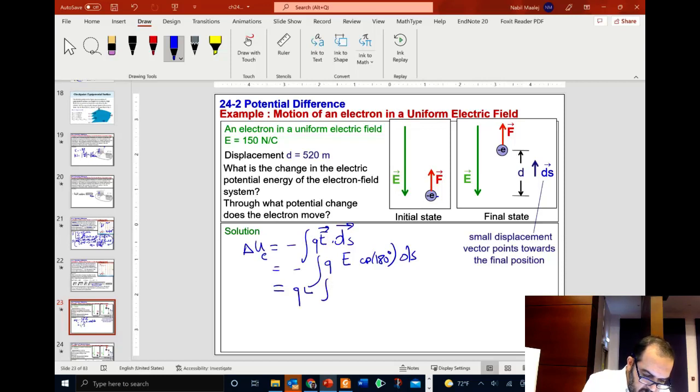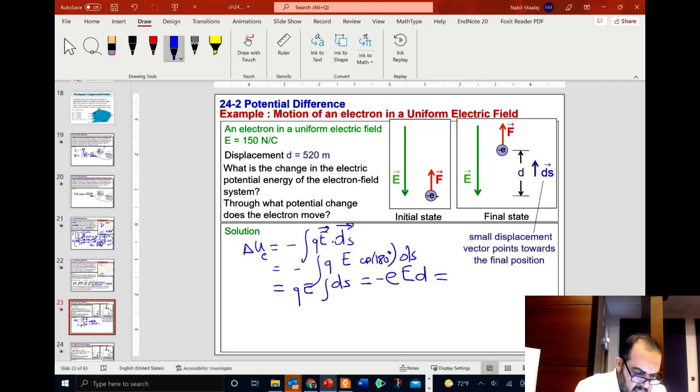So that will be QE times the integral of ds. Q is minus e, the charge of an electron. The integral of ds is equal to d. So this is minus 1.6 times 10 to the minus 19, times the electric field, which is 150, times the displacement d, which is 520 meters. So this will be a negative number.